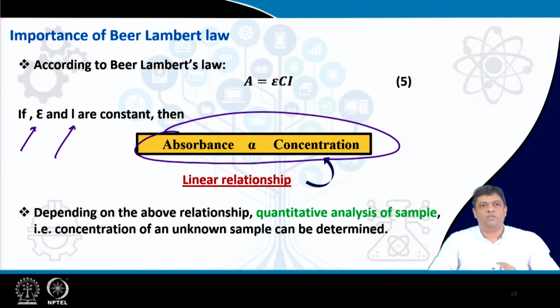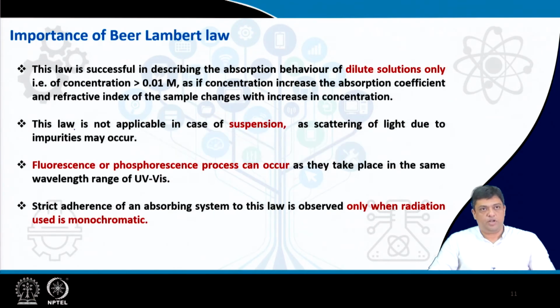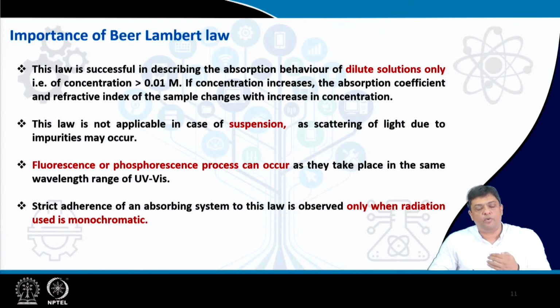Very simple way of performing the experiment. The law clearly is able to give us a protocol by which we can perform the experiment to determine the concentration of a particular absorbing substance in an unknown solution.